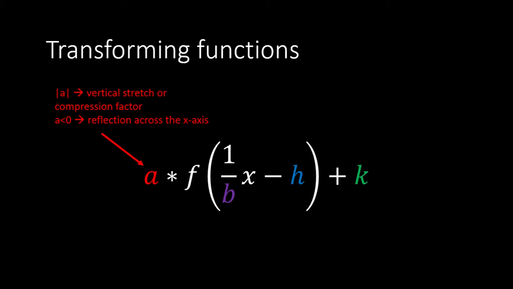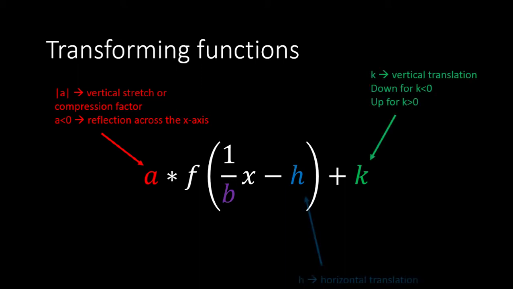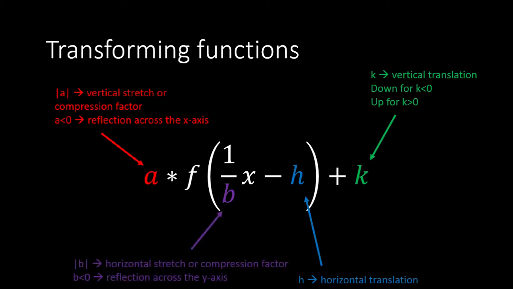Remember that A always controls vertical stretch and compression and reflection across the x-axis. K always controls vertical translation, H always horizontal translation, and B horizontal stretch, compression and reflection across the y-axis. Now you've seen these keys from me before.